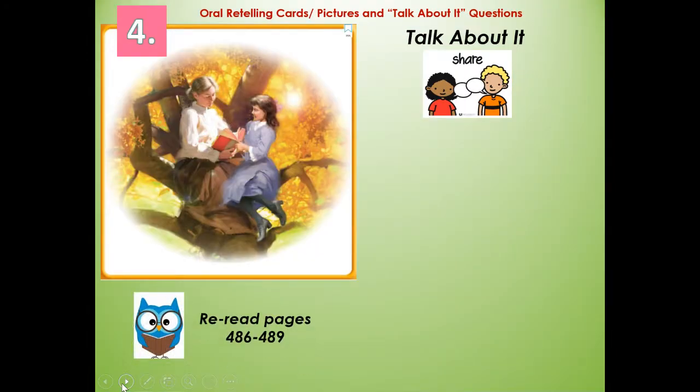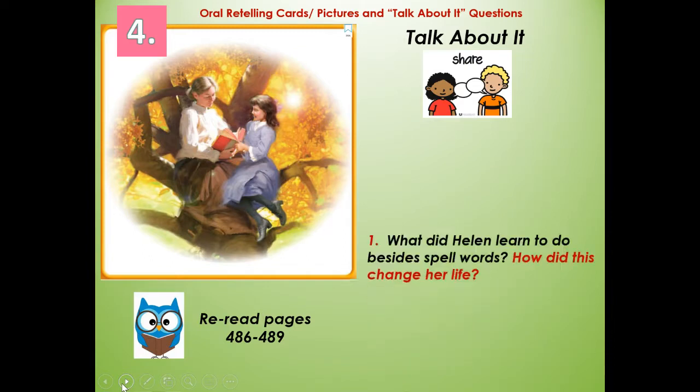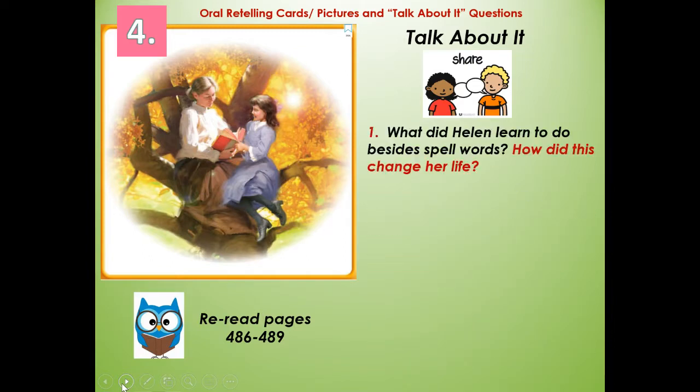Here's another major event. You can reread about it on pages 486 to 489 in our Journeys textbook. What did Helen learn to do besides spell words? And how did this change her life?